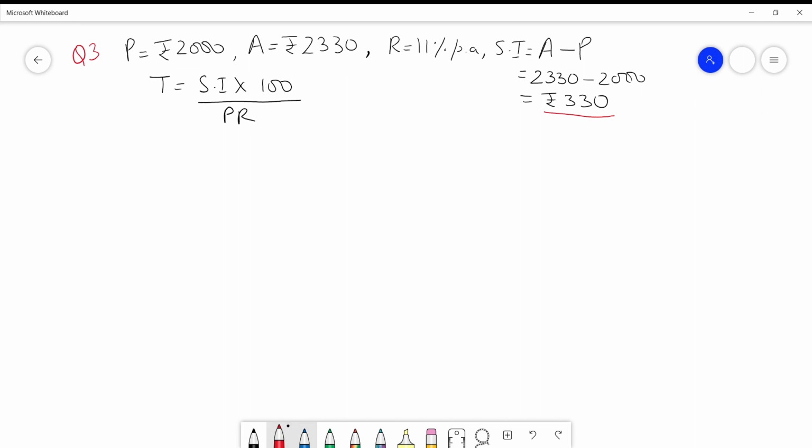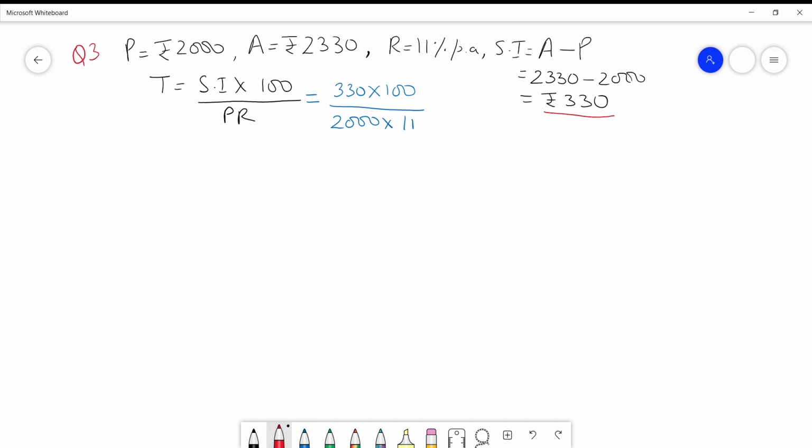So now solve this question by putting all this. 330 into 100 over 2000 into 11.